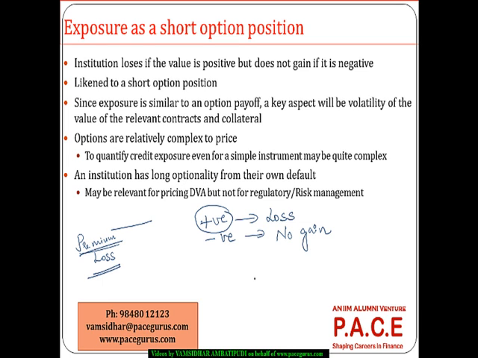So here also we are putting it up as maximum of value comma 0. This is the exposure. Even from the company's standpoint, this is the exposure. But if I look at the gain or loss from this position, it is exactly the minimum of value comma 0.